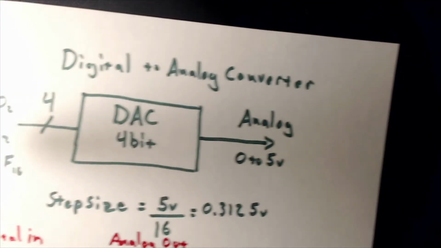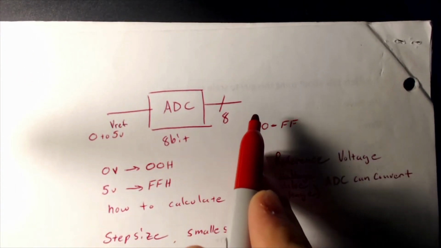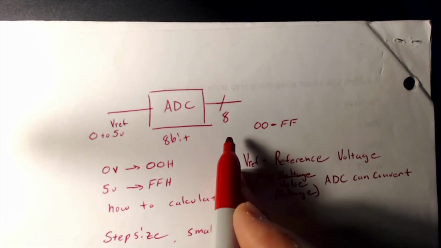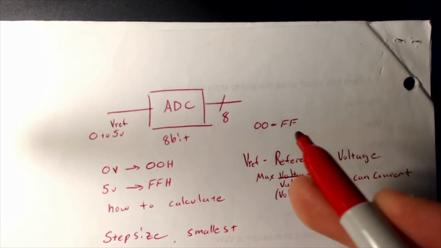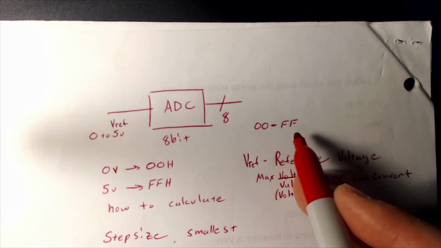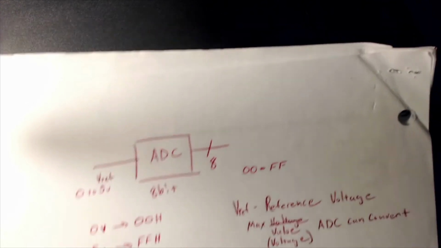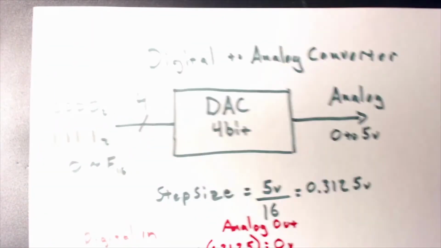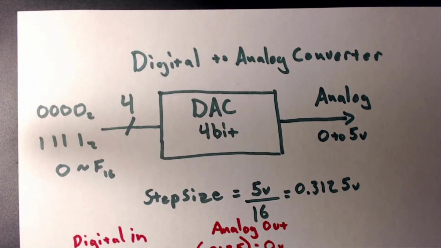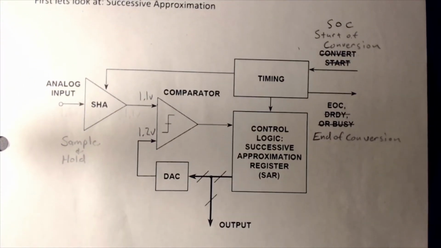Our ADC takes a single wire voltage and converts it to a sequence of wires in digital that represent a digital numerical value on the range of however many bits of resolution it has. Okay, so we're going to use that here.